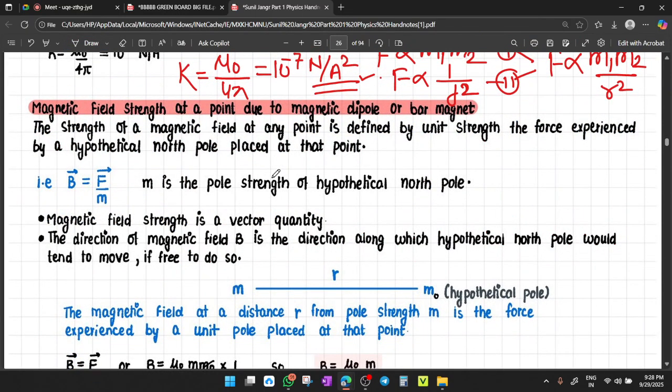Now, magnetic field strength at a point due to a magnetic dipole or a bar magnet. First, we talk about magnetic field strength. What is magnetic field strength?